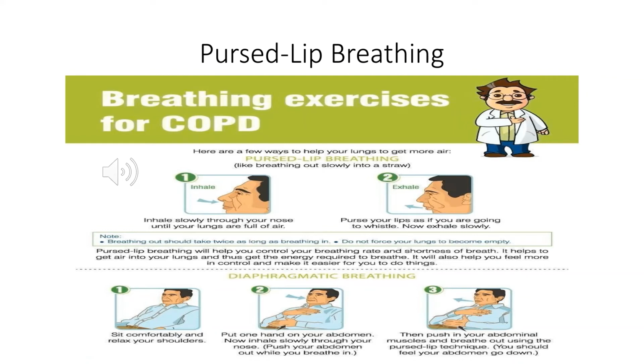Pursed lip breathing. For pursed lip breathing, the patient is instructed to take a deep breath and exhale through pursed lips. The narrowing of the airways generates a resistance to exhalation, causing pressure to be maintained throughout the bronchial tree.